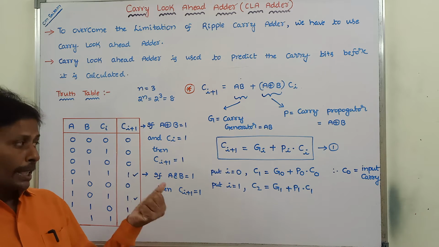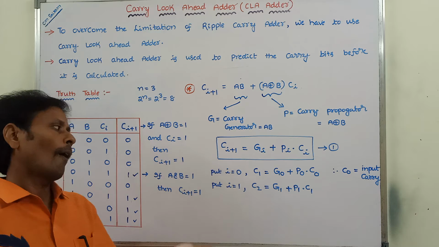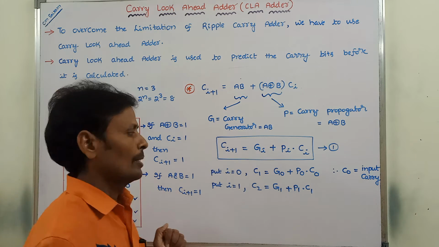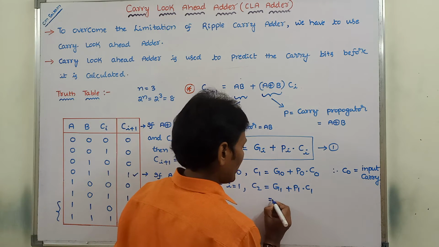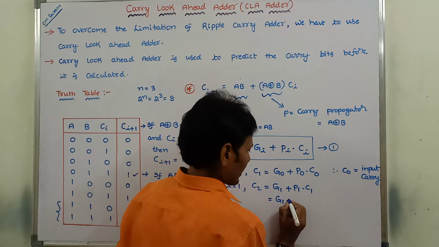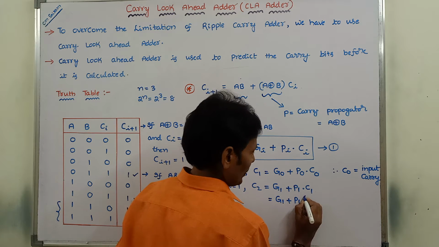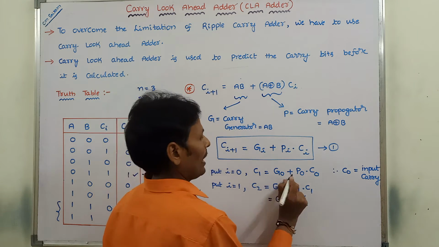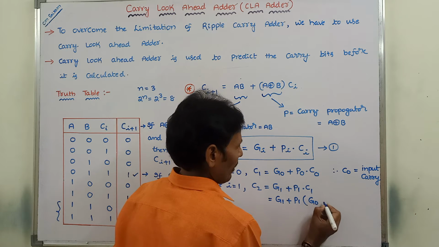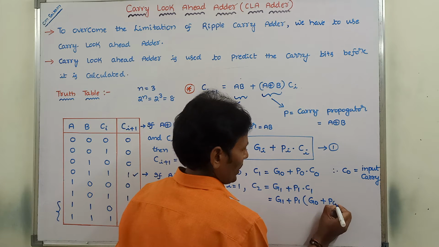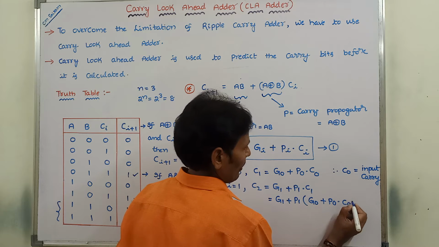Okay, without actually calculating, it is already calculated. So we have to substitute here G1 plus P1 into C1 value. C1 value here is G0 plus P0 into C0.